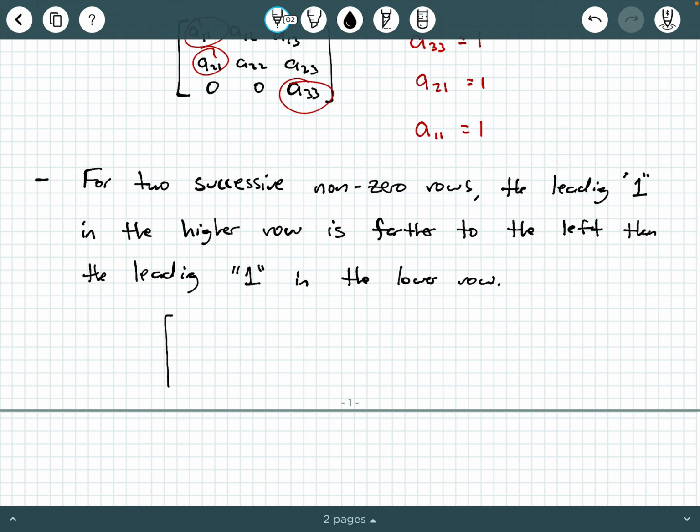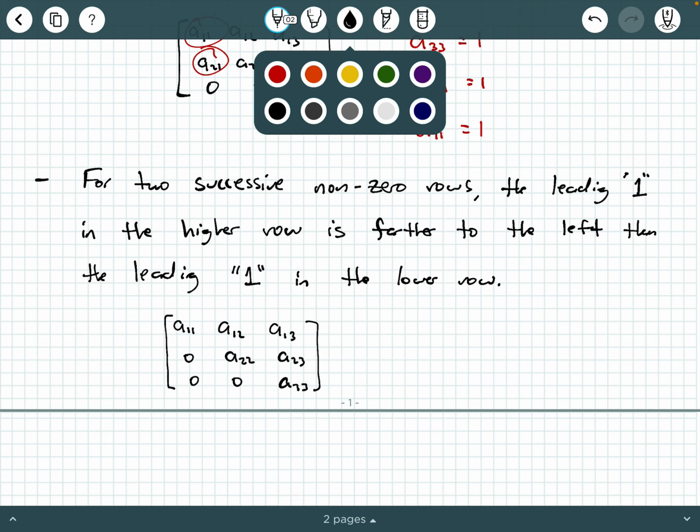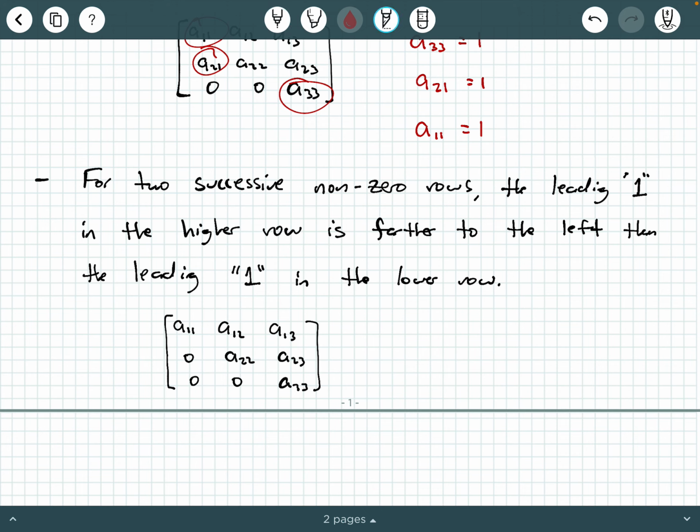Again, I'm going to do another illustration. If I have A11, A12, A13, 0, A22, A23, and then 0, 0, A33. Again, this is just another illustration. Then what must be true? Well, read the sentence carefully. For successive non-zero rows, the leading one in the higher row is farther to the left than the leading one in the lower row.